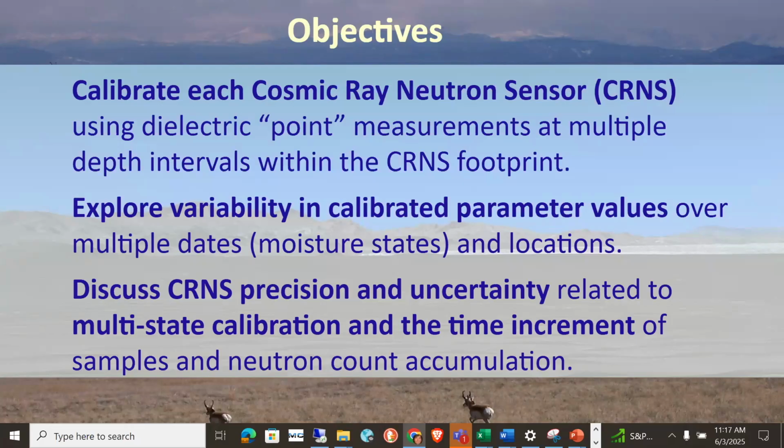I know some of you probably have grappled with this, but it's something that I'd like to discuss, and also discuss what is the precision and uncertainty of the measurements that we're getting, because I do think cosmic ray sensors are so valuable in terms of support scale, in terms of depth of measurement, and in terms of, like Tyson said, you can just put this out in the middle of a field, and we've had very reliable systems for many years.